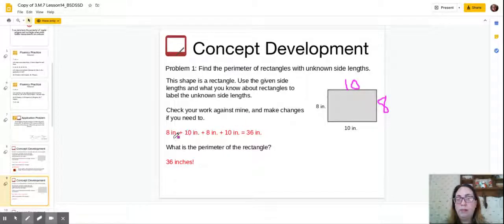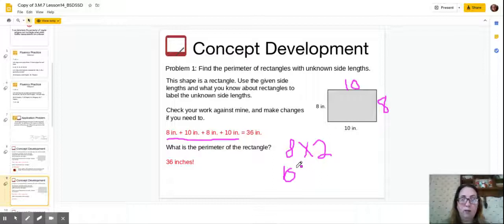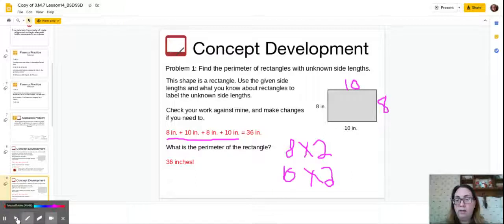You could do what they did here and add them all up, or you could do that strategy I just taught you, which would be 8 times 2 and 10 times 2, because you have one side that is 8 and there are 2 sides that are 8, and you have a side that is 10 inches and you have 2 sides that are 10 inches. You can multiply those up and then add those together.